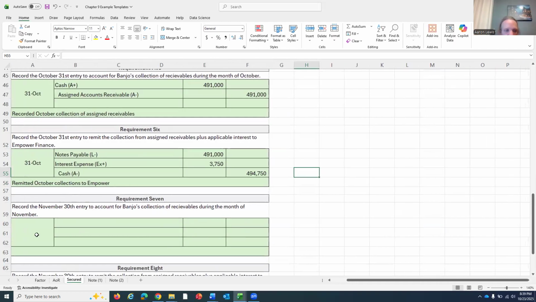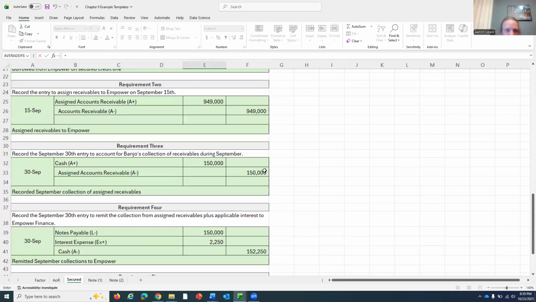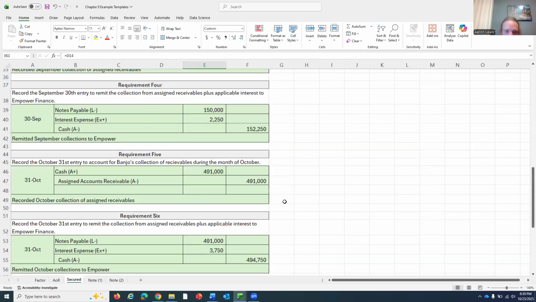On November 30th, we need to account for the collection of assigned receivables. Again, guess what? We can just copy and paste. Thank you, Excel. Whenever we collect assigned receivables, a debit to cash, credit to assigned accounts receivable. And during November, our collections are saying that we brought in 118 grand from customers on receivables, which we had already assigned to Empower.